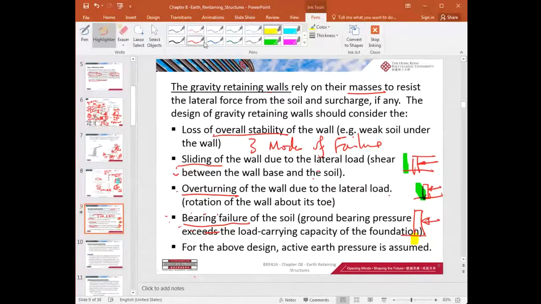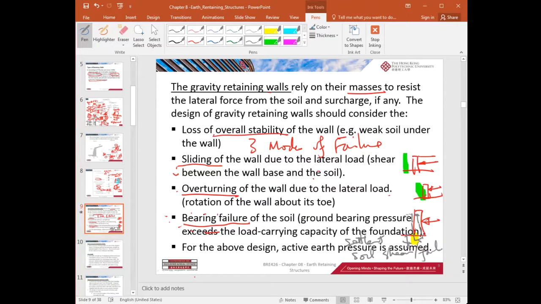In other words, the retaining wall will settle here, because the soil shears.